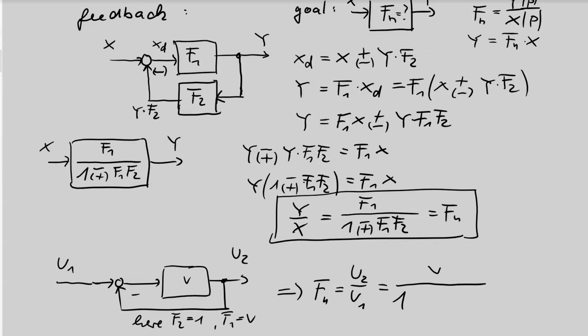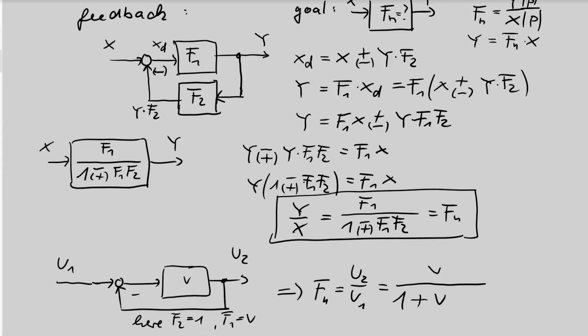If you have a feedback, you have a division line with a 1 in the denominator, followed by the opposite of the feedback sign. The feedback sign here is a minus sign, so we have to follow with the plus sign, and now followed by all blocks in the loop. There is only one block, this is my V, the F2 is 1, so this is the voltage gain of our amplifier.